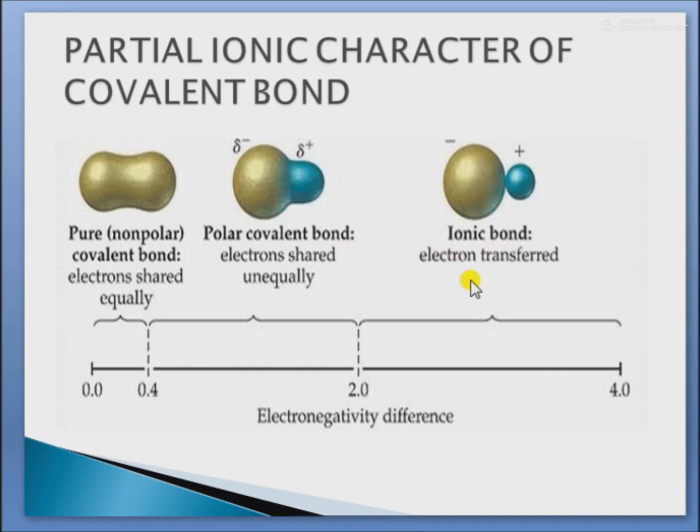Here the electron transfer occurs when the electronegativity difference increases from 2 to 4. That's why the partial ionic character of covalent bond. It means covalent bond have some partial ionic character.